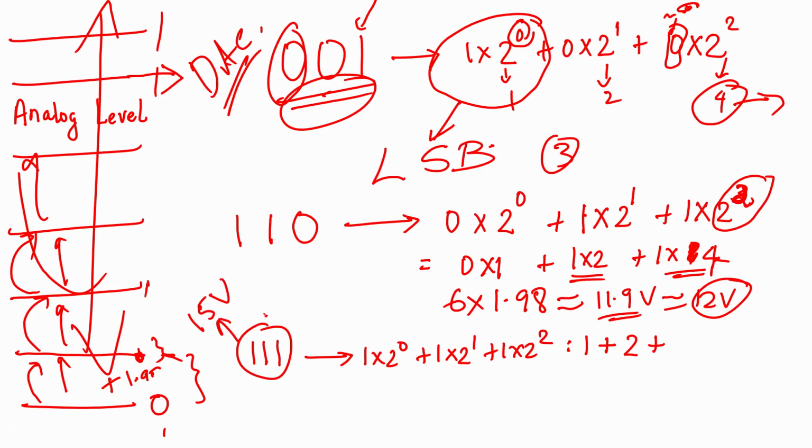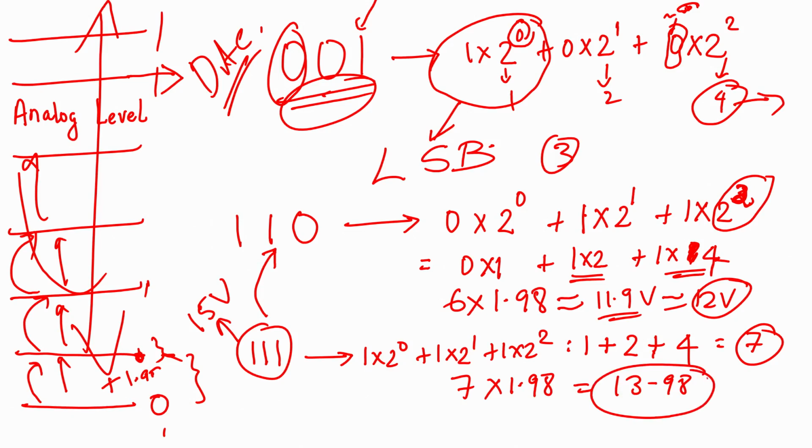So this is two levels below, correct? Because in between we have just one level below. We have 110 and then that is 111, correct? So 1 plus 2 plus 4 equal to 7, correct? 7 into 1.98, that will be around 13.98.